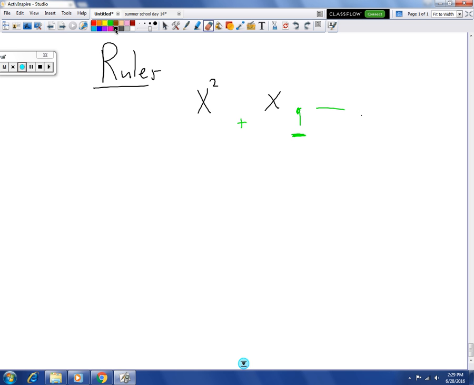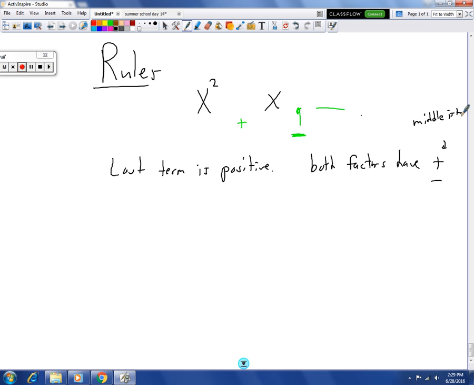If the last term is positive, both factors have either both plus or both minus. They have a plus if the middle is plus. They're both minus if the middle is subtract.